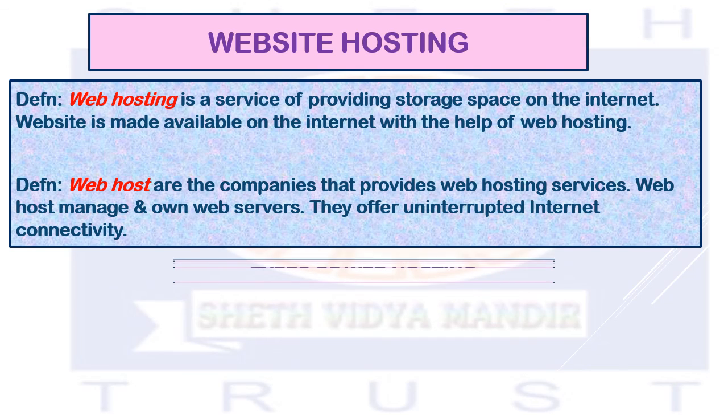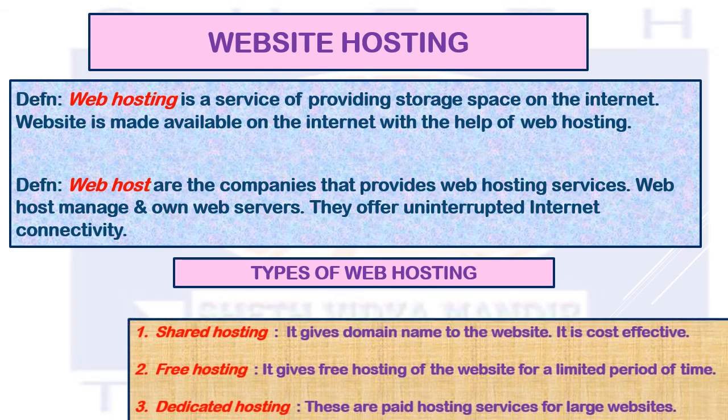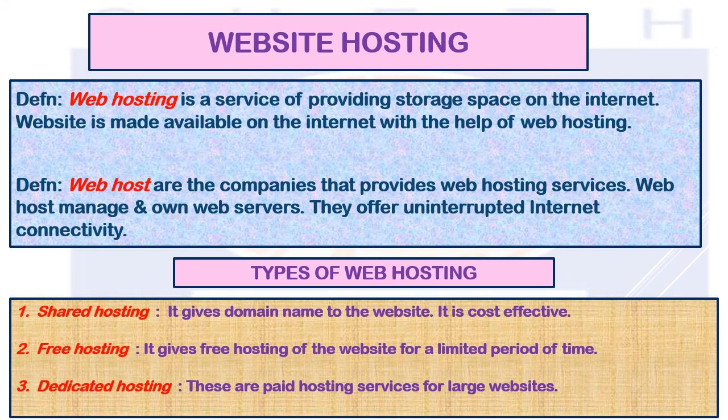Now, what are the types of web hosting? There are 3 types of web hosting. First is shared hosting, second is free hosting, and third is dedicated hosting. Shared hosting gives a domain name to the website.